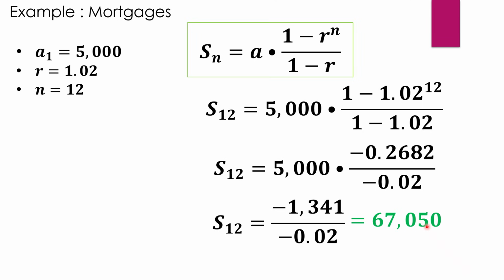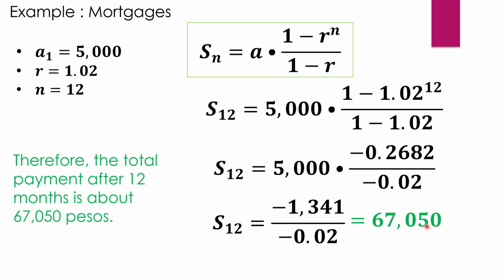Again, if our problem is a word problem, the answer must be in words. So therefore, the total payment after 12 months is about 67,050 pesos.